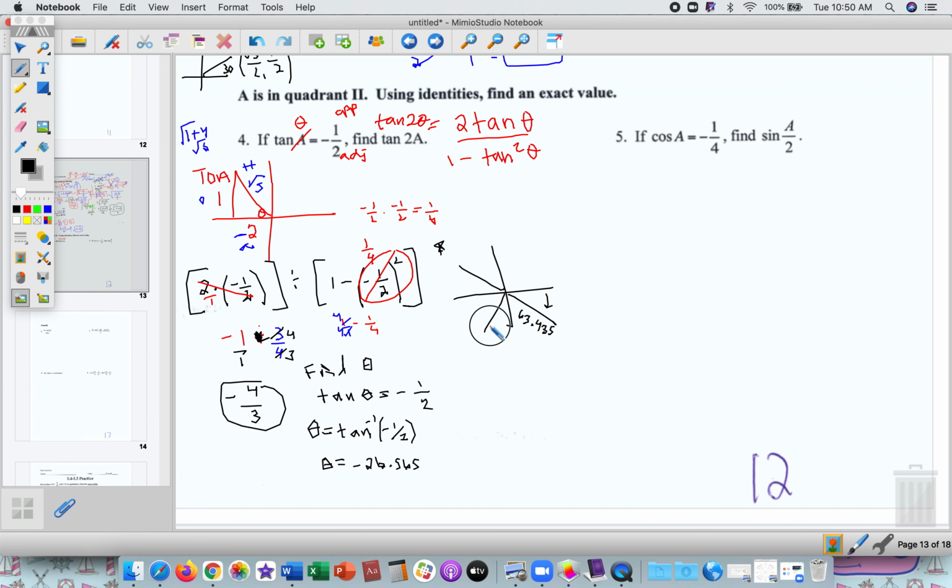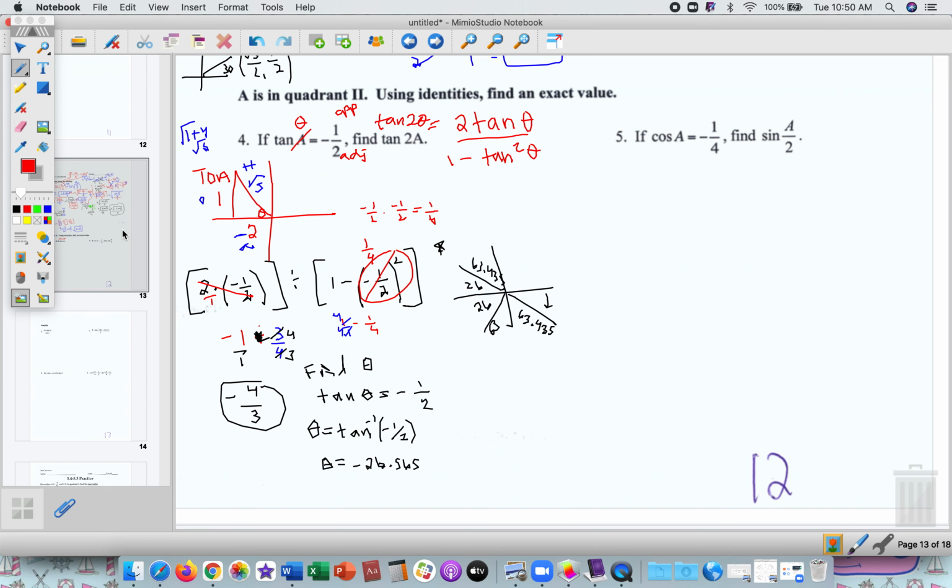So if we reflect, this is the 63-degree one. This then is the 26-degree one, and I'm not writing negative 26 because negative is just the direction, right? This is the 26 one, and then this is the 63.435.